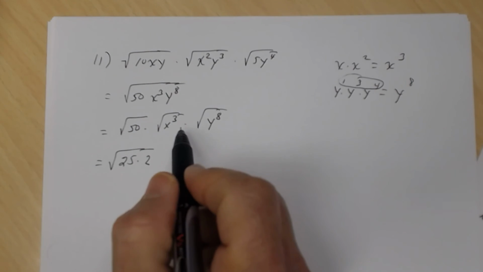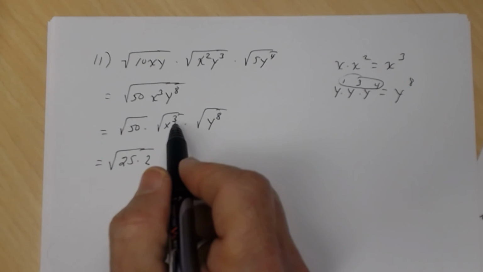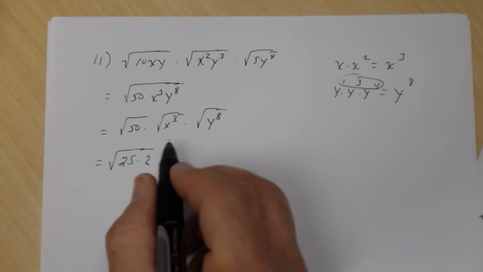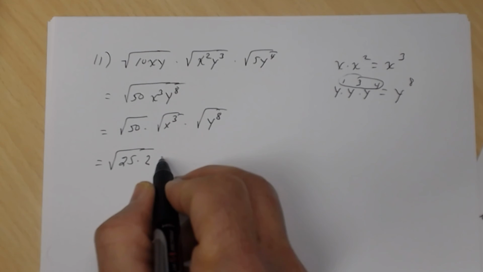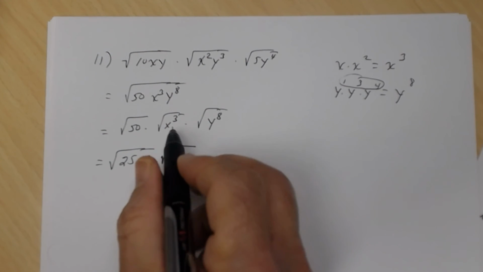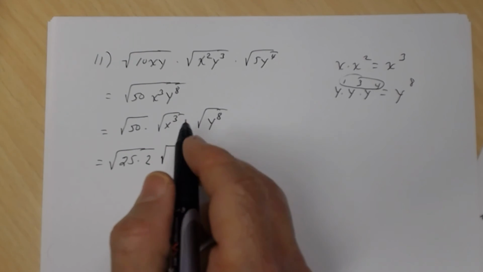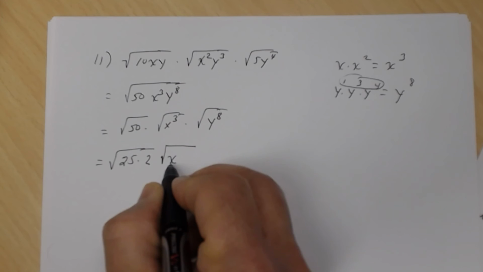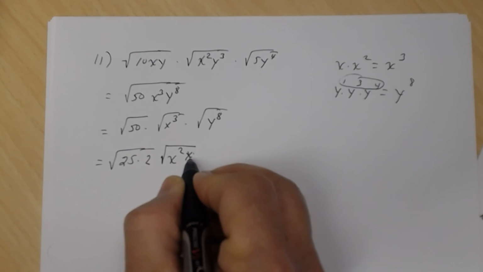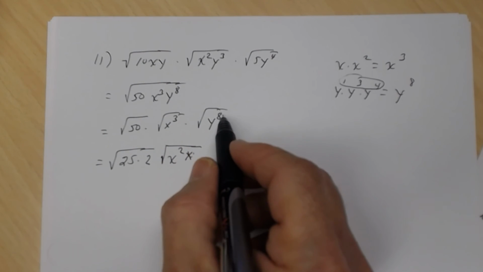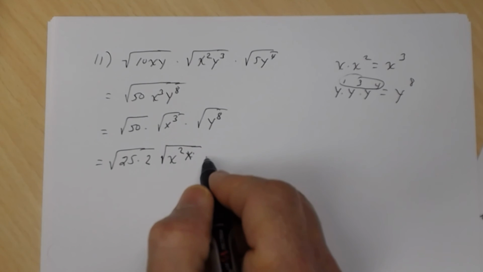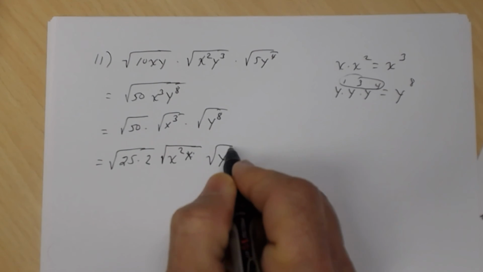Here, x is 3, but it's odd, so you want to rewrite it. So remember, the largest whole number less than 3 that 2 goes into will be 2. So you can rewrite this as x squared times x. Here, 8's already even, so I'm just going to rewrite this as the square root of y to the 8th.